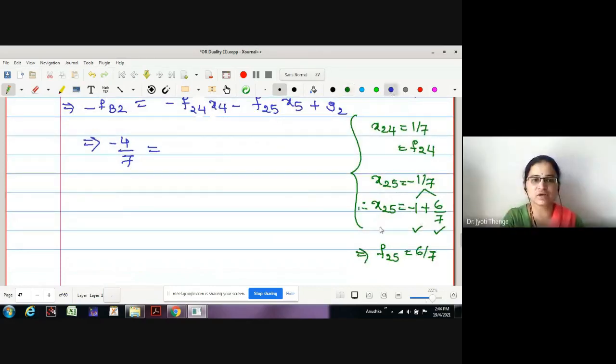Let us substitute the values here. F24 is 1 by 7. Therefore, this is minus 1 by 7 x4 and minus 6 by 7 x5 plus G2. Now what to do?